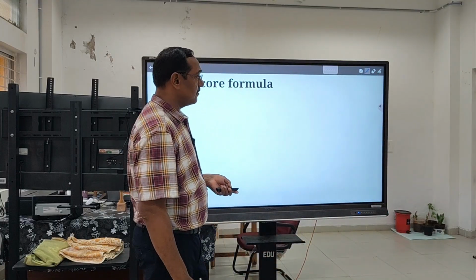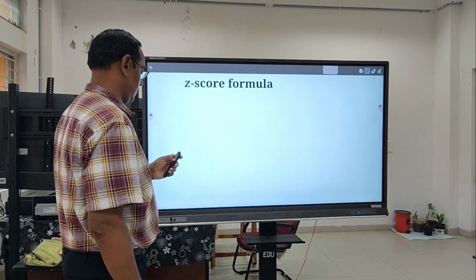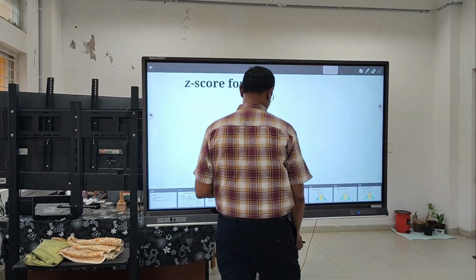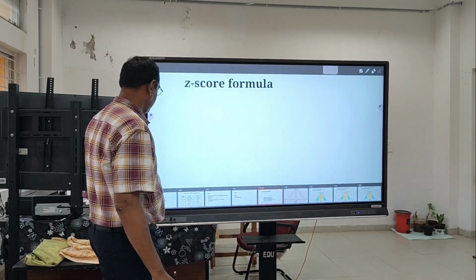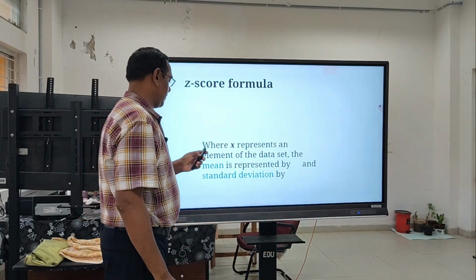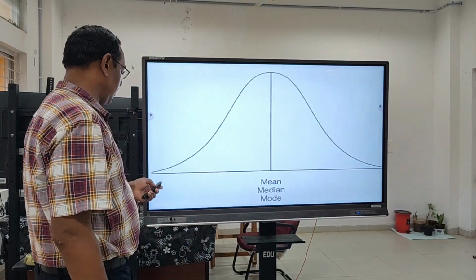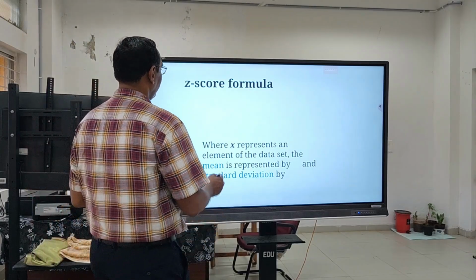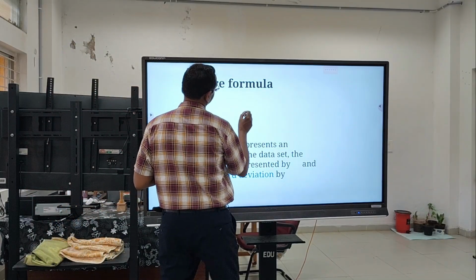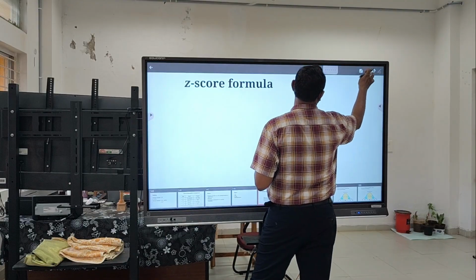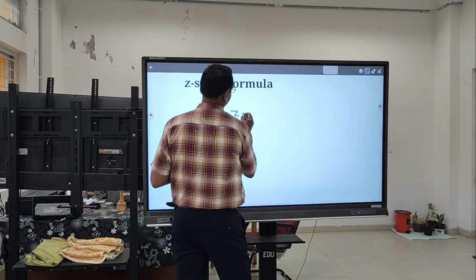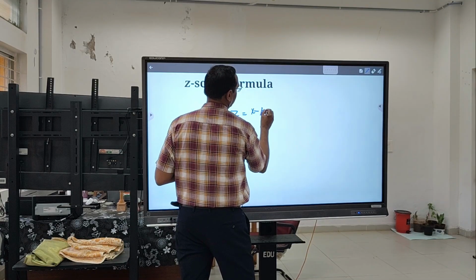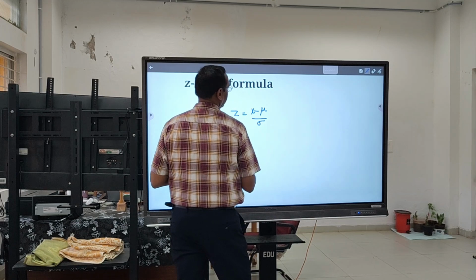Z equals X minus mu, divided by the standard deviation. So this is the formula.